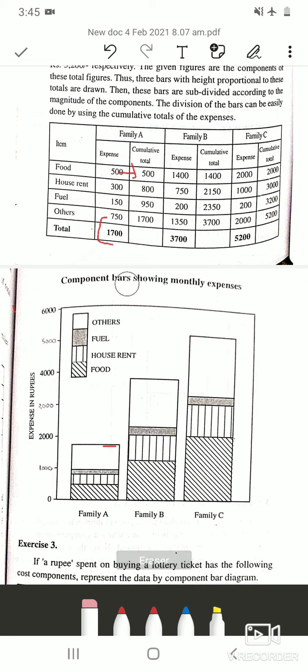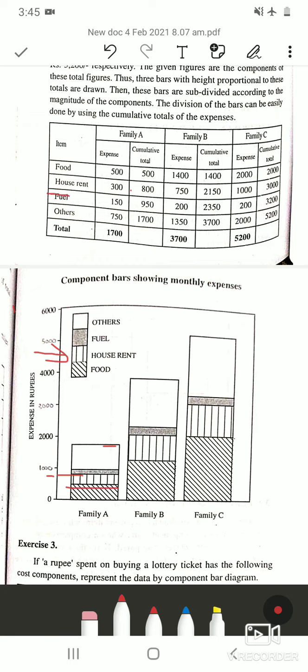So the next one, once you have marked this line for food, is 800 for rent. So 800 will be at the 8th line, which is somewhere here. So represent that with some other shade. Here they are representing with the straight lines, so that represents house rent.